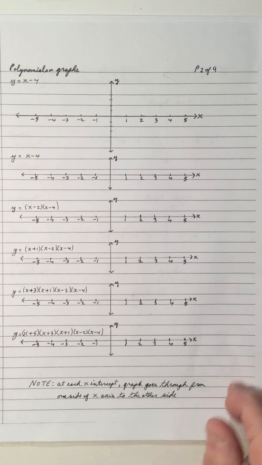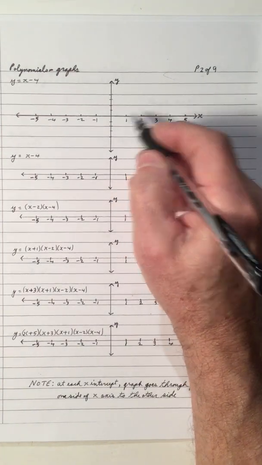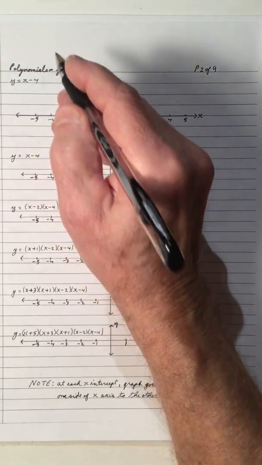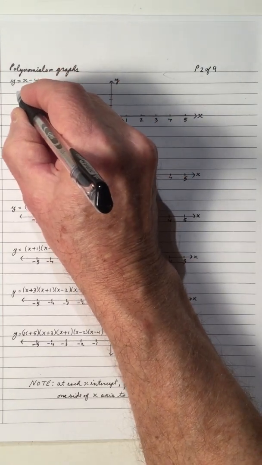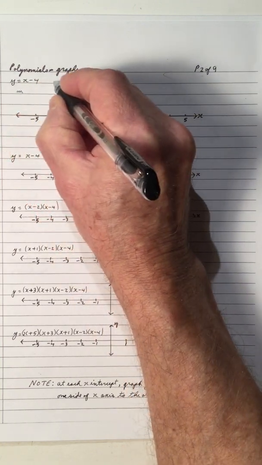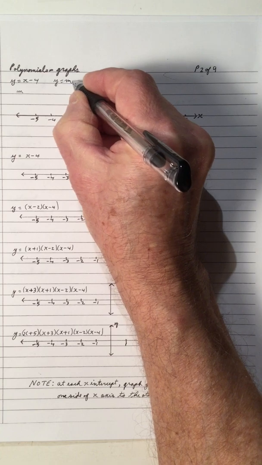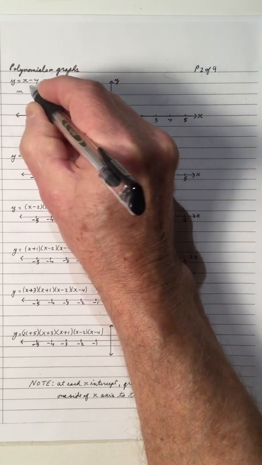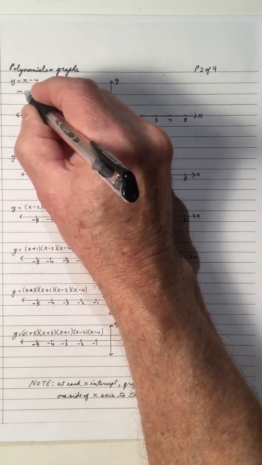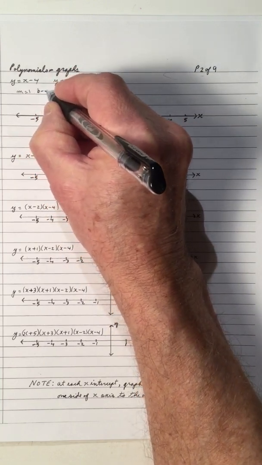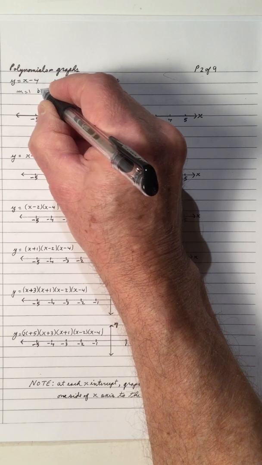Polynomial graphs. I have axes of x and y, and an equation y equals x minus 4. In the previous unit, we noted that y equals mx plus b, where m is 1, which is the slope, and b is -4, which is the y-intercept.